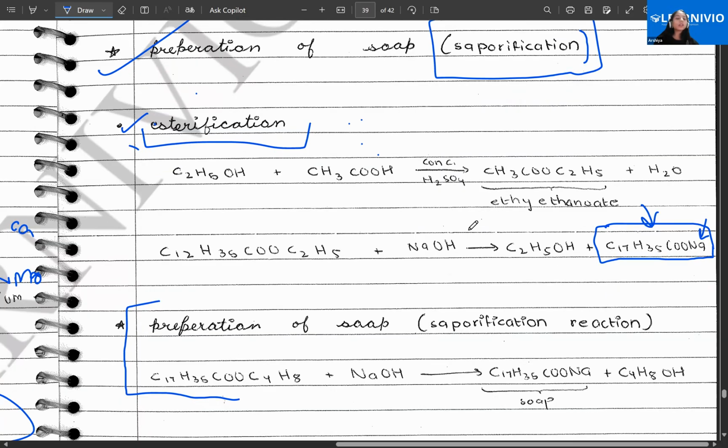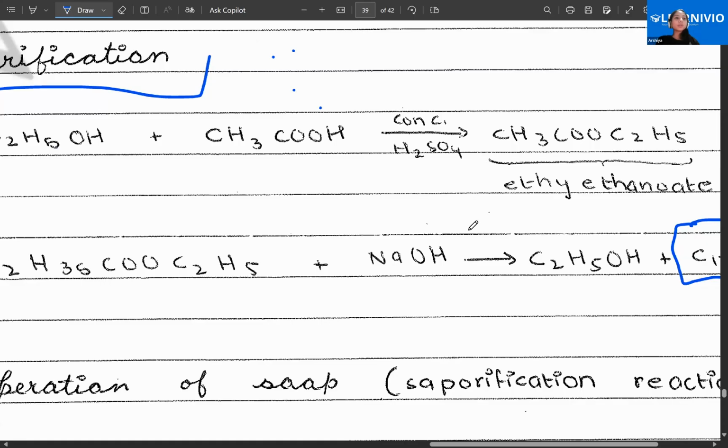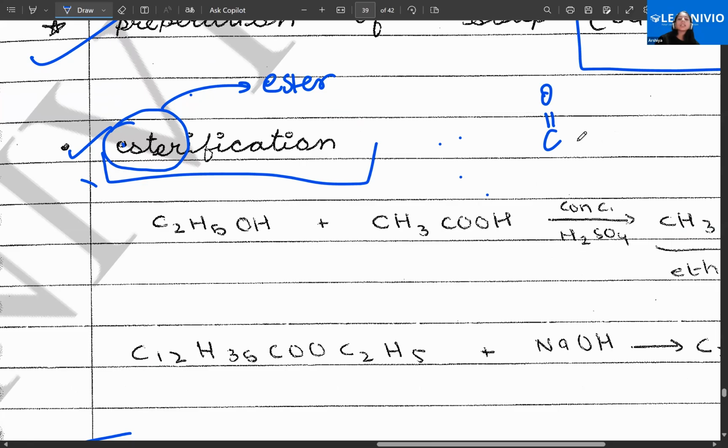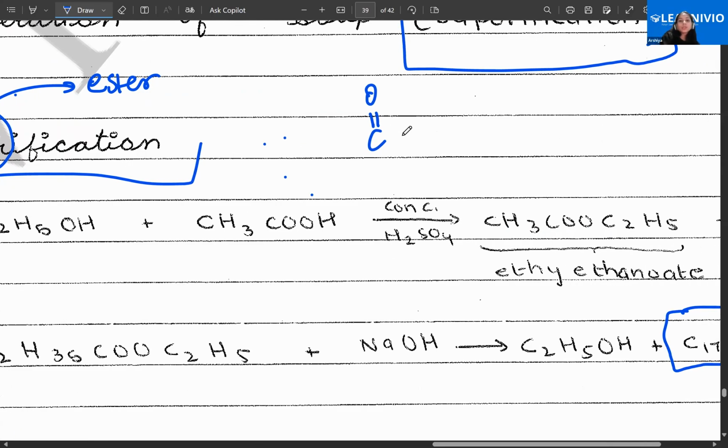Let's focus on esterification first. The first thing is ester, so basically the formation of ester. Esters are a type of ketones, a functional group in which on both sides we have different carbon chains, and the main functional group is carbon double bonded with oxygen.